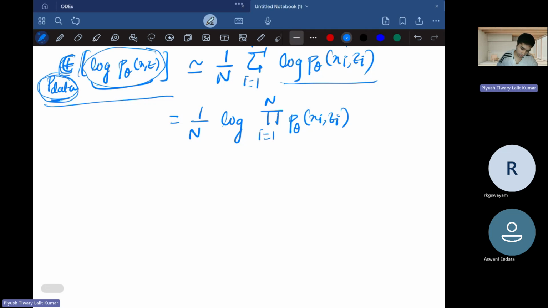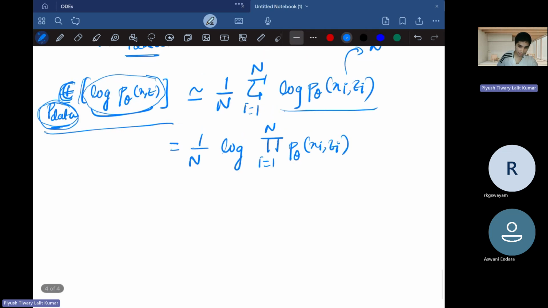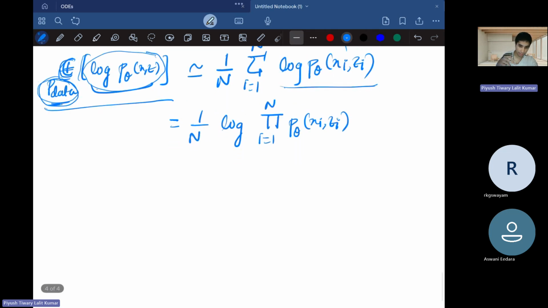Now the xi's and zi's are IID, so they are independent and identically distributed. So what you can do is write this as 1 by n log of p theta of xi comma zi, i going from 1 to n.